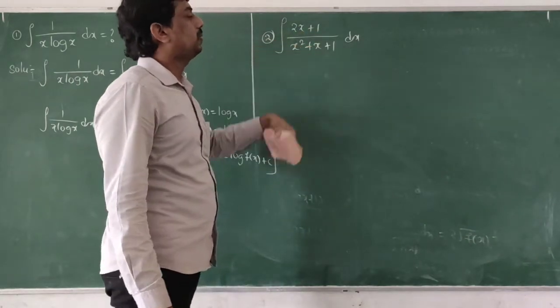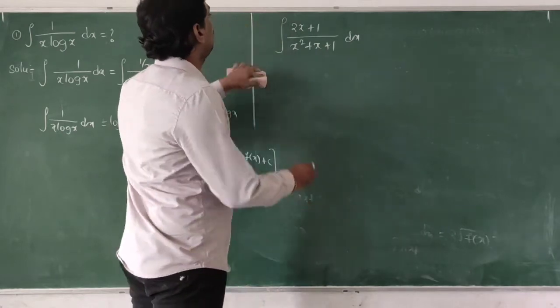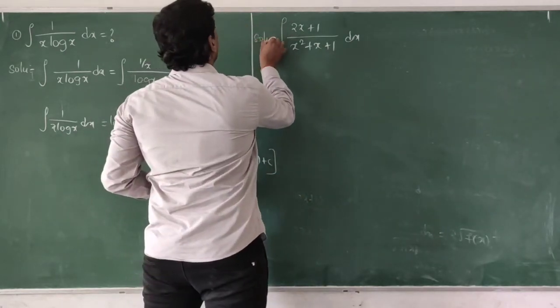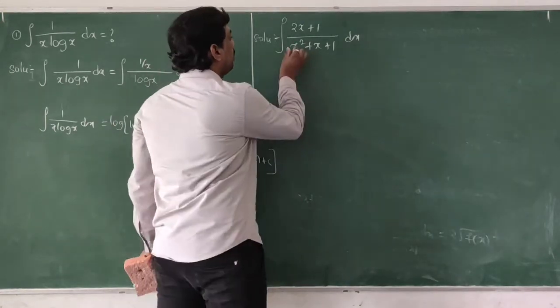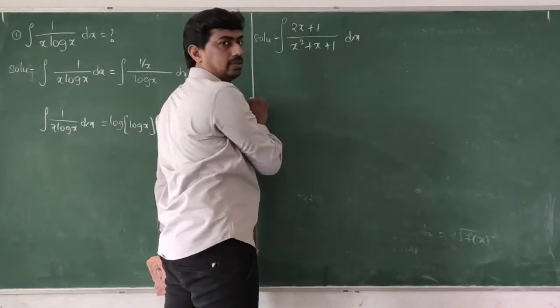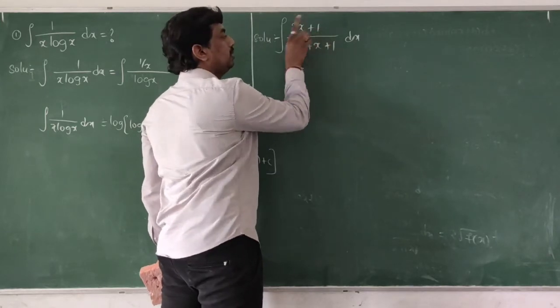Now second problem. Integration of 2x plus 1 by x square plus x plus 1 dx. In the solution, write the given problem as it is. Observe: x square derivative is 2x, x derivative is 1, constant derivative is 0.